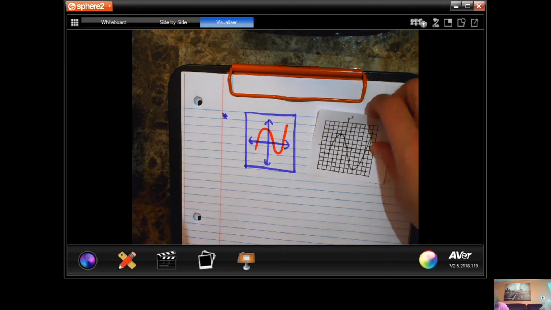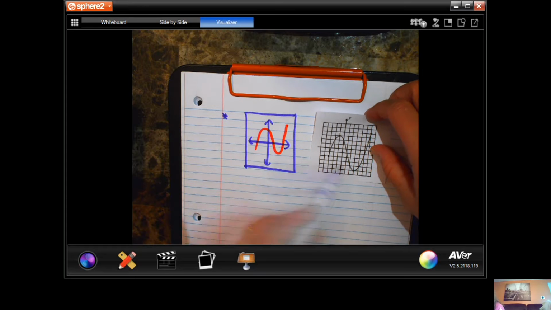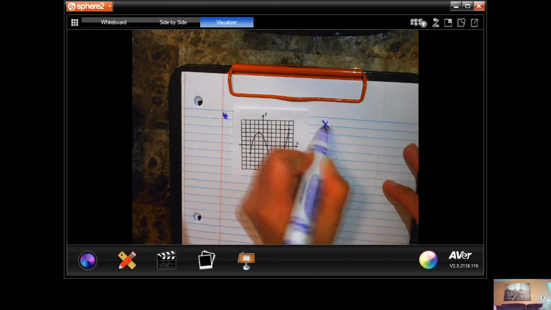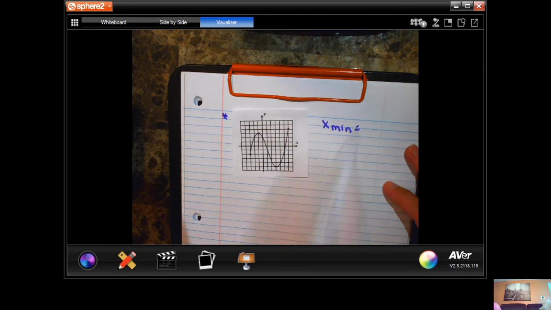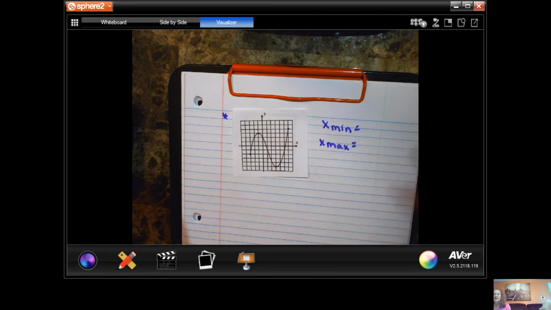Now what we're going to do is find the min and the max of the x's and y's. So I'm going to just cover this up for now, but this is what you have on your notes, just so you know where this came from. I'm going to have us write on the side x min equals and x max equals. What that means is your highest and your lowest x value.